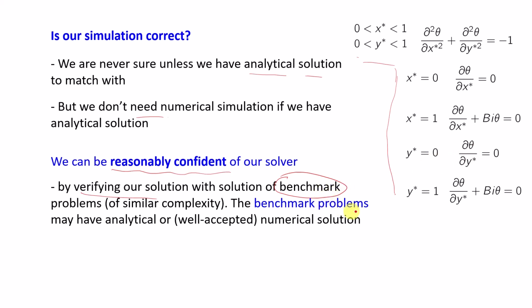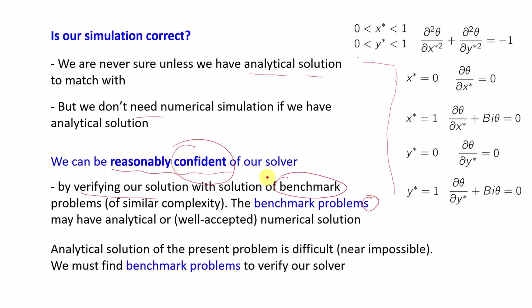The benchmark problems may have an analytical solution, or a numerical solution which is well accepted by the community as correct. Then we can match our solution with benchmark problems. And problems is the keyword here. This is not one. We have to match with as many as we can to be more confident about our solver. In this case, an analytical solution is a near impossibility, so we have to figure out what close benchmark problems we can get.